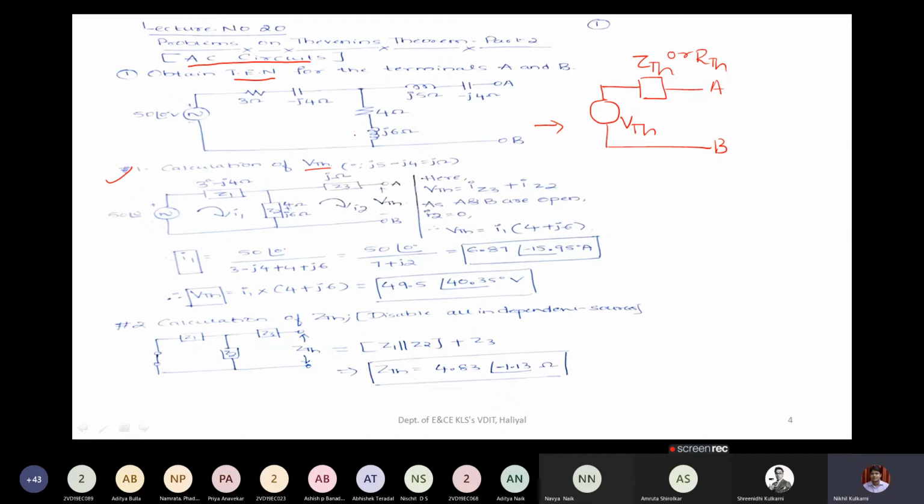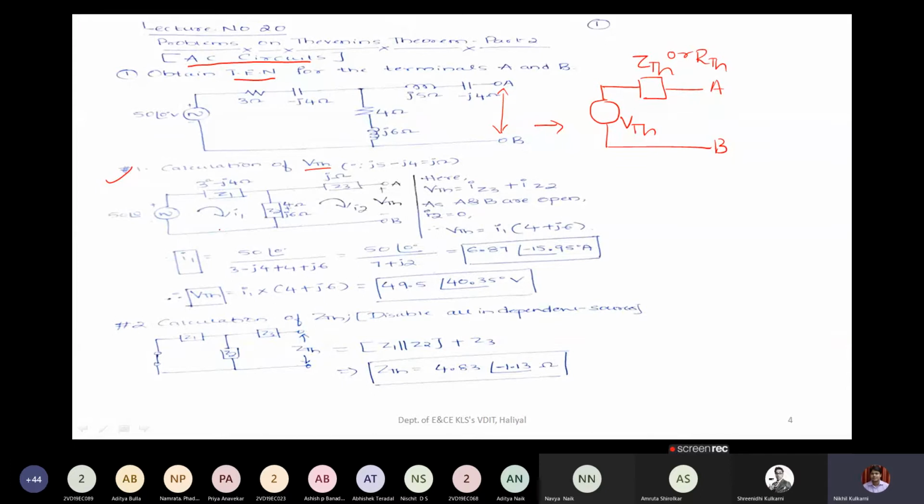It is a completely independent excited circuit, so there are no dependent sources. We have impedances, but the methodology remains the same. Calculation of VTH: whatever voltage you calculate across AB, by keeping the terminals AB open, we call that voltage VTH.